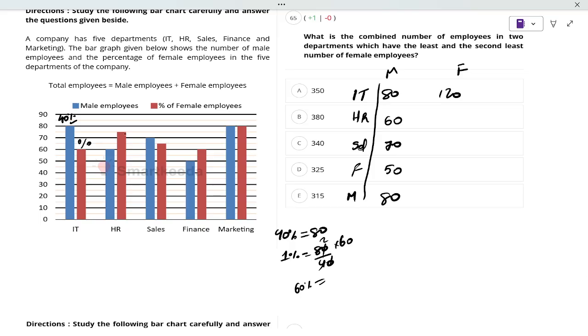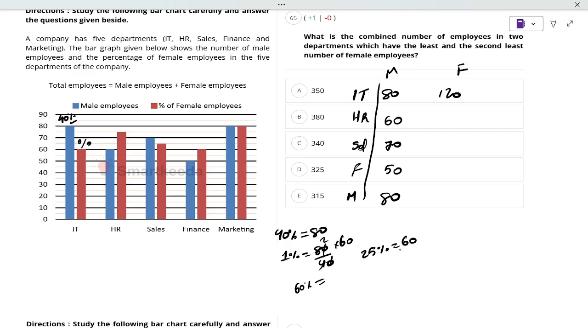Here we have 75%, that means 25% belongs to male. So if 25% is equivalent to 60, we can do this in terms of fractions also. 25% is 1 by 4.